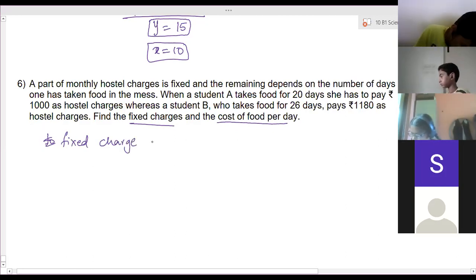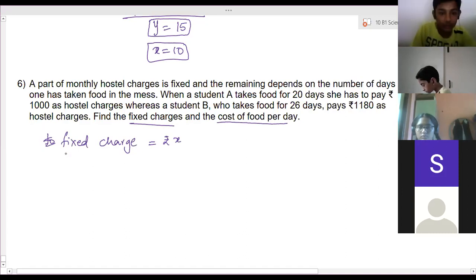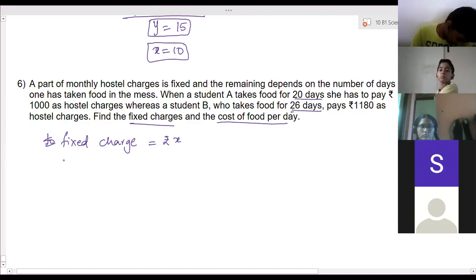Ma'am, but here we also have to know whether these two persons stayed in the hostel for the same number of days. They take food for 20 and 26 days, right? But they have to stay also for the same number of days in that hostel? No. Whatever the number of days, that amount remains fixed for a month.